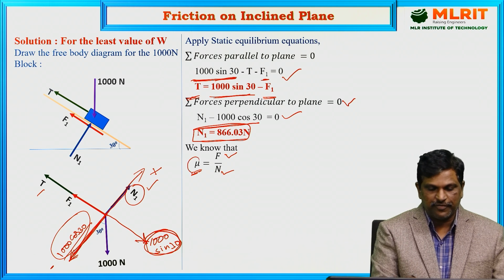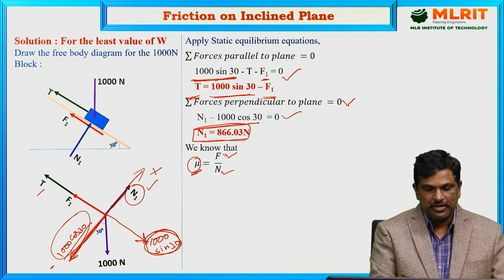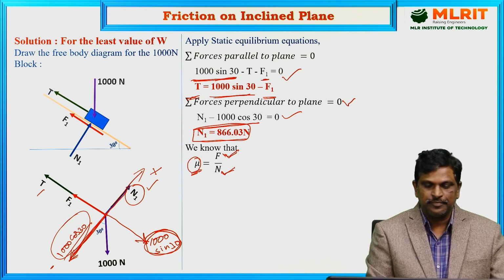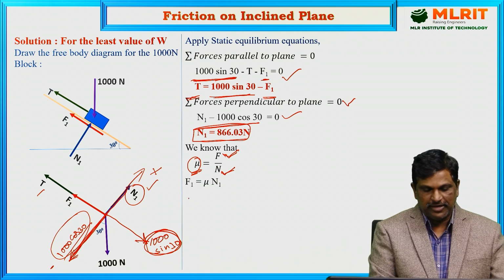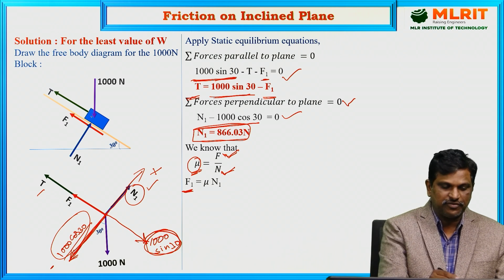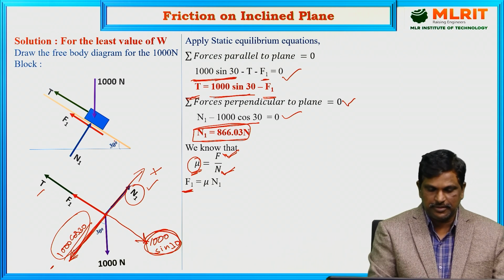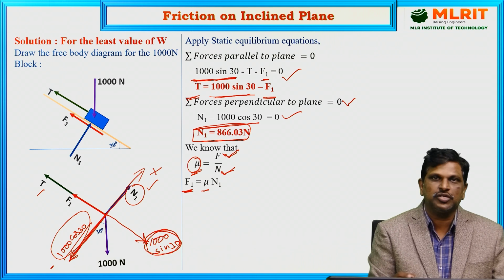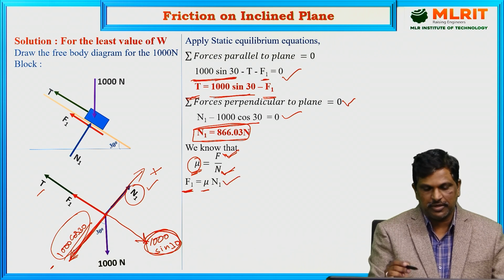Now we know that the coefficient of friction is equal to limiting friction by normal reaction. Substituting the values for this condition, F1, the friction at the contact surface of the 1000 newton block and plane, is equal to mu, the coefficient of friction, into normal reaction.